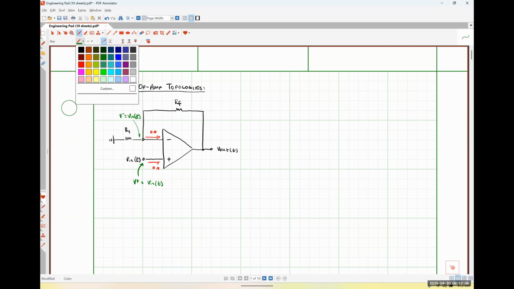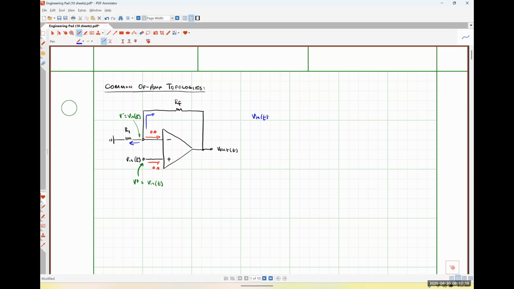And now I'm going to simply apply Kirchhoff's current law at the inverting input terminal, giving me the relationship that Vn(t)/R1 + (Vn(t) - Vout(t))/Rf = 0.